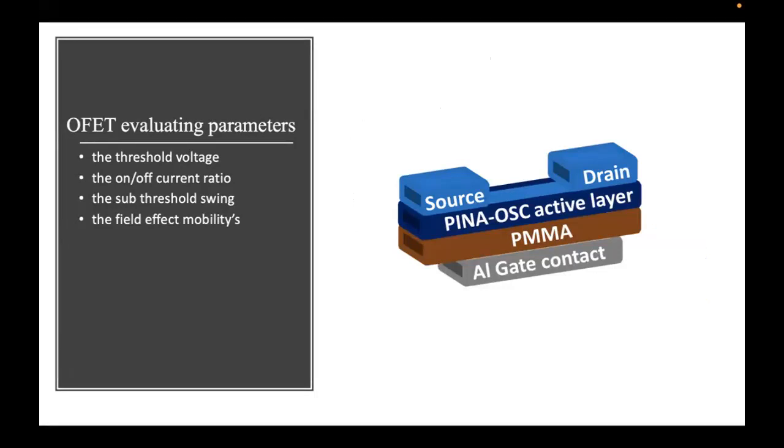These are the 4 main parameters characterizing the performance of a transistor in general, and in our case, we will reflect this typically on FET. So the parameters are the threshold voltage, the on-off current ratio, the subthreshold swing, and the field effect mobility.